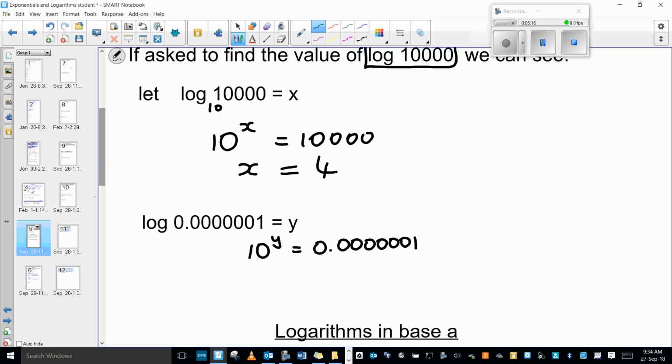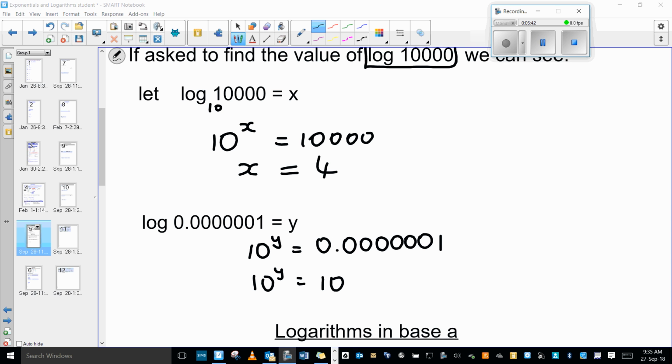How else could we write this value here? 10 to the power of... 1, 2, 3, 4, 5, 6, 7. So that's 10 to the negative 7. So therefore y is negative 7.